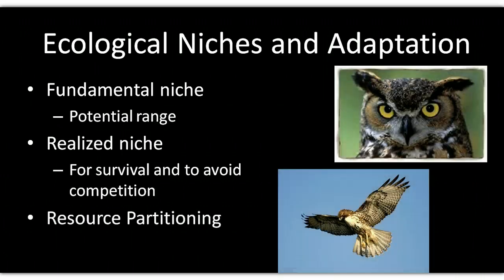A really good example that we have here in Michigan and a lot of places is owls and hawks. They both live in southeast Michigan, and they both eat the same things. They eat small mammals, small reptiles, whatever small prey they can get. But what's the main difference between owls and hawks? Owls tend to eat at night, and hawks tend to eat during the day.